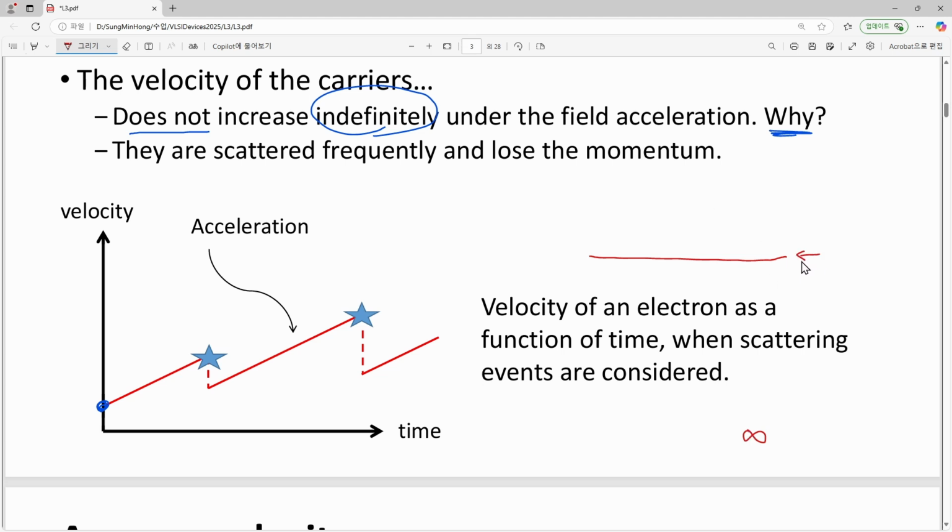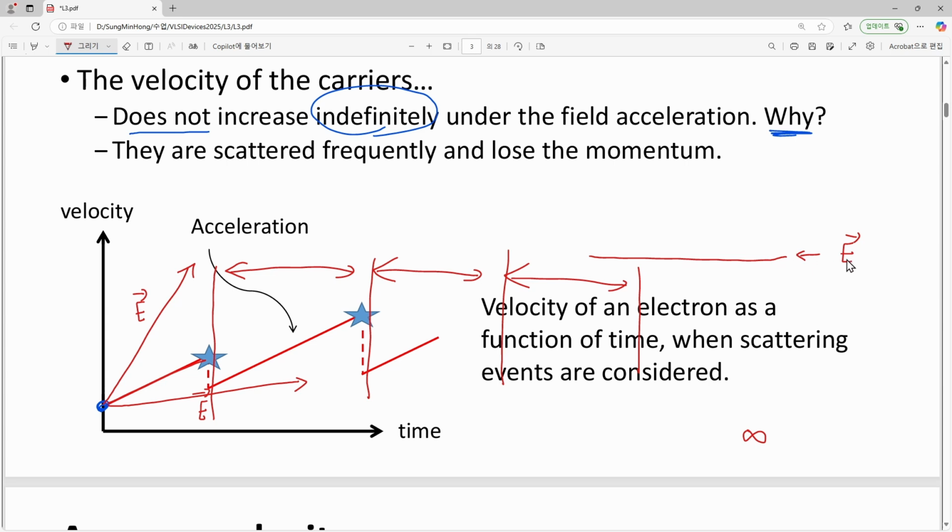If we have a higher electric field, then of course this slope becomes steeper, and if we have a lower electric field, we will have a relatively slow increase of velocity. This is determined by our electric field.